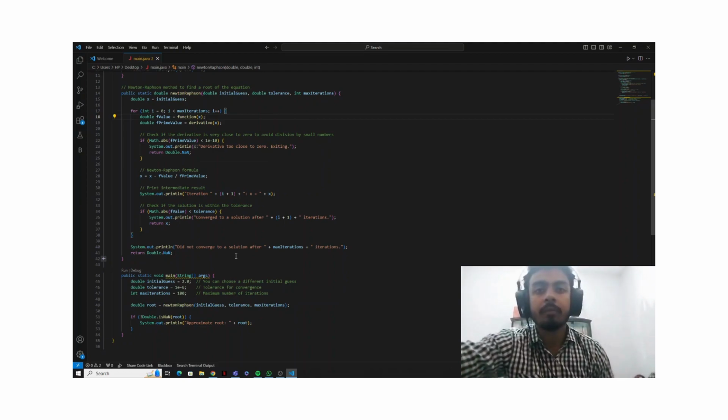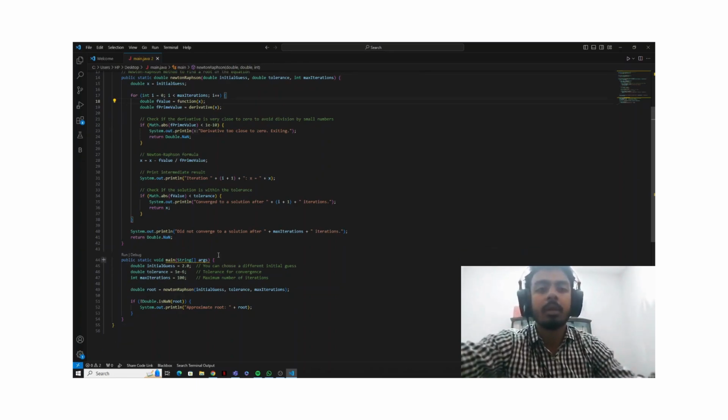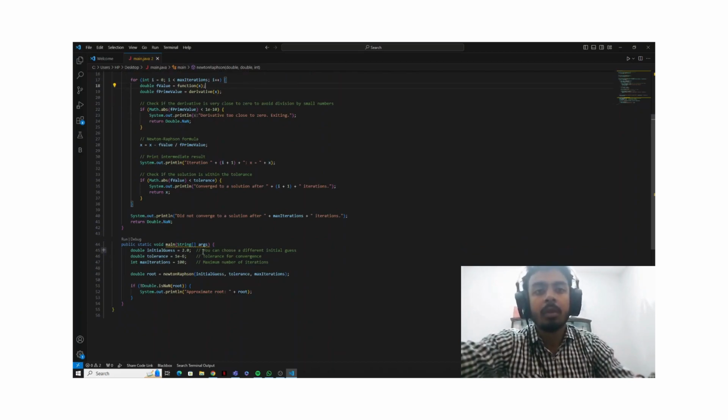So we have the iterations. When it checks, if the derivative is close to 0, it will exit, and if not, it will move to the next condition, and then it will iterate because it is in a loop. Then we have our main, public static void main, where we initialize our double initial guess, tolerance, and max iterations.